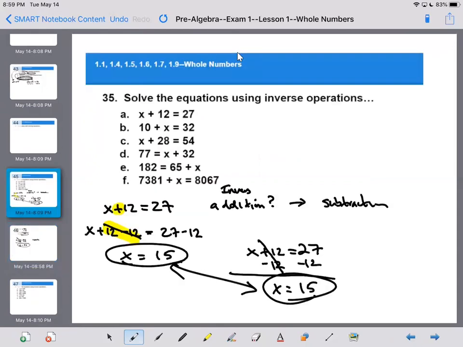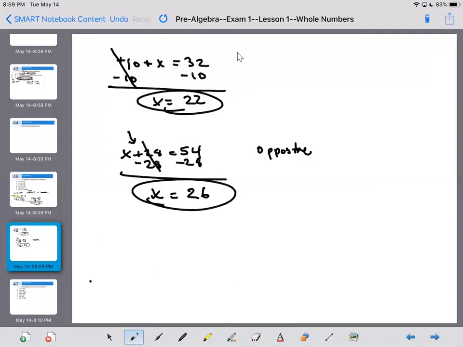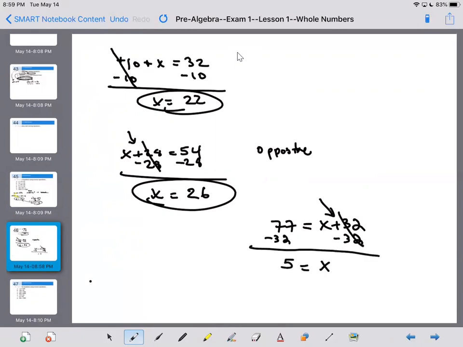And the next one, let's look at 77 equals x plus 32. Okay, so the variable's on the right. That's not a problem. The variable can be on the left or the right. Check out your operation. You see that that constant of 32 is adding, so we're going to subtract 32. That goes to 0. X is equal to 45.